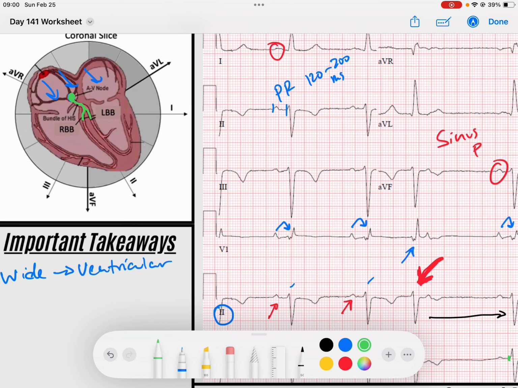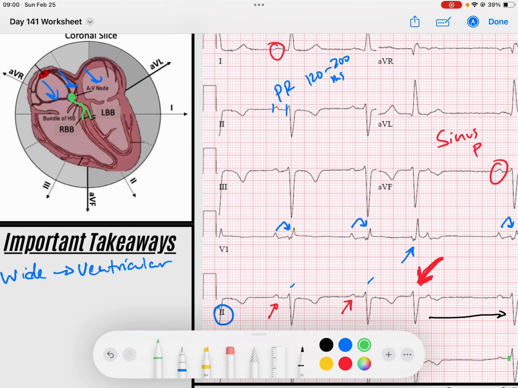We just have a PJC that occurred right before, right? So we have, look, sinus. The next sinus beat would be right there, but we happen to have this PJC that occurred right before it, and so because of that, our sinus P wave is blocked, right? It doesn't conduct to the QRS.